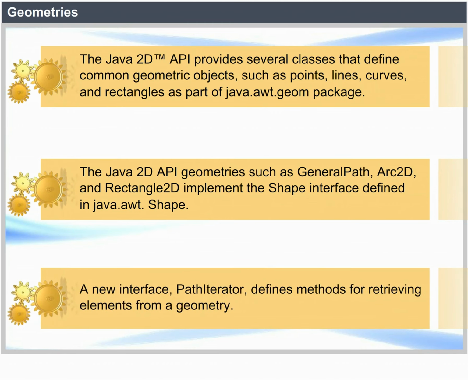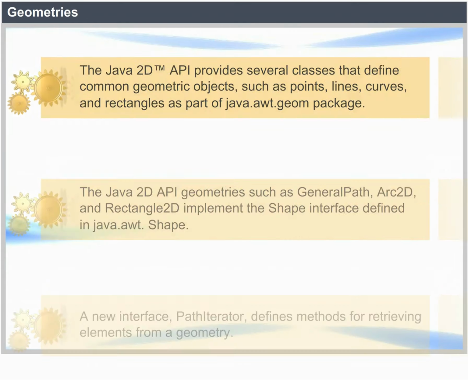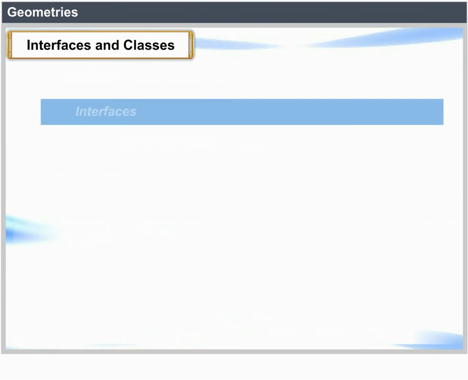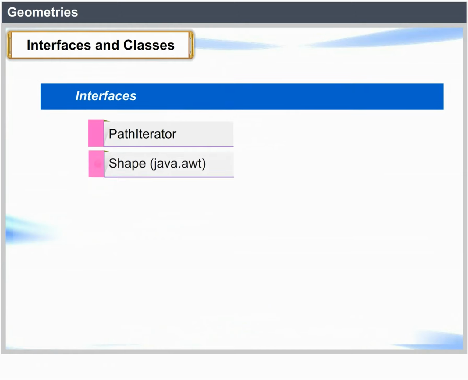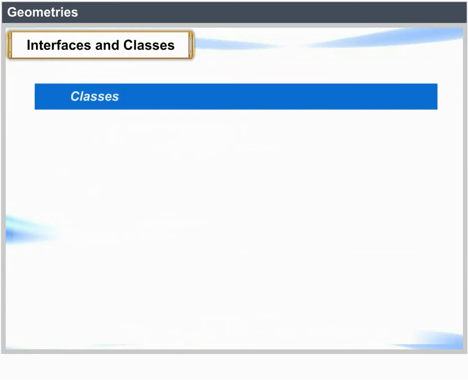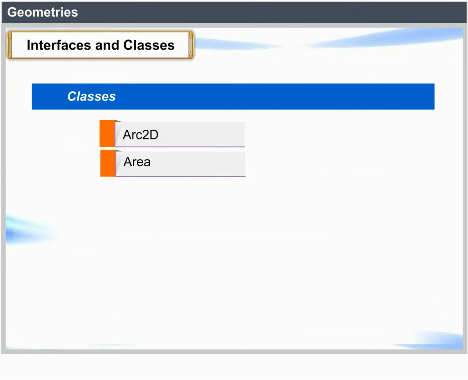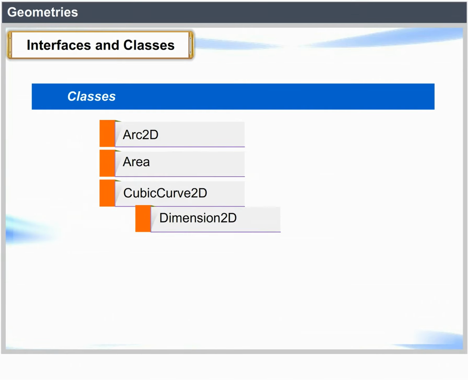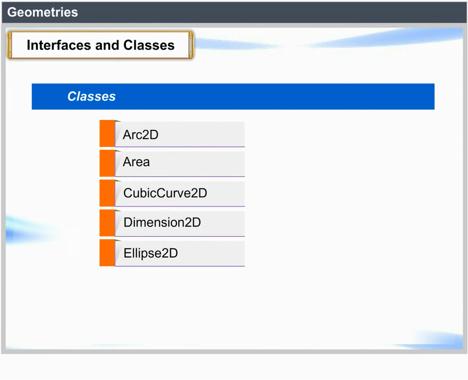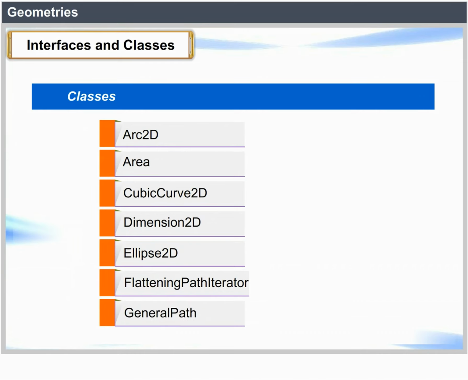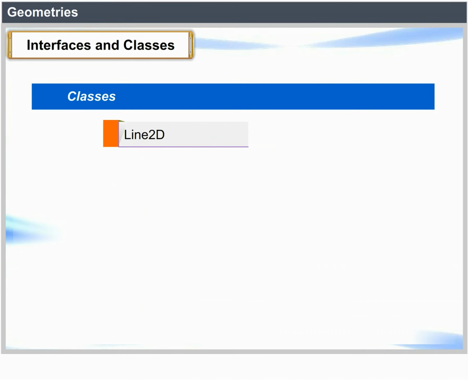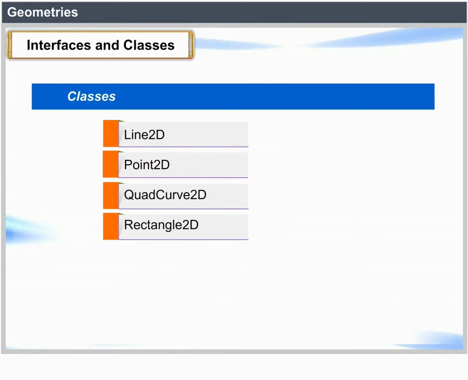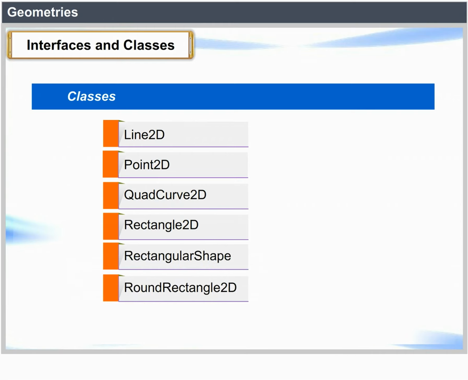A new interface, PathIterator, defines methods for retrieving elements from a geometry. Interfaces and classes. Interfaces: PathIterator, Shape. Classes: Arc2D, Area, CubicCurve2D, Dimension2D, Ellipse2D, FlatteningPathIterator, GeneralPath, Line2D, Point2D, QuadCurve2D, Rectangle2D, RectangularShape, and RoundRectangle2D.